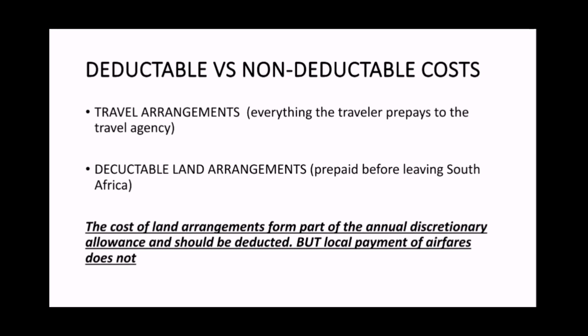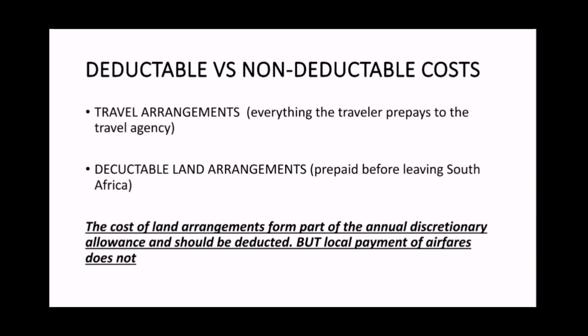So to further distinguish the land arrangements from the travel arrangements, the land arrangements are paid in foreign currency to that specific country, and the other travel arrangements will be paid in South African rand to South African service providers. This will include your flights, your visa applications, your insurance, and so on.